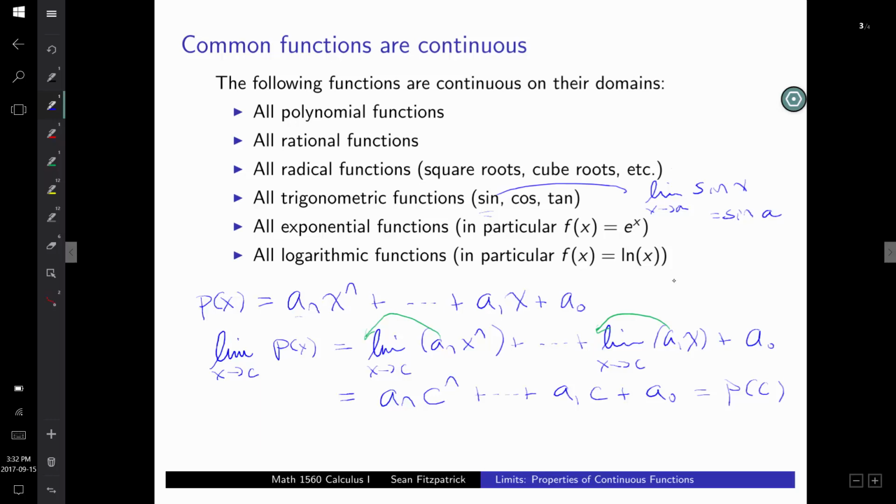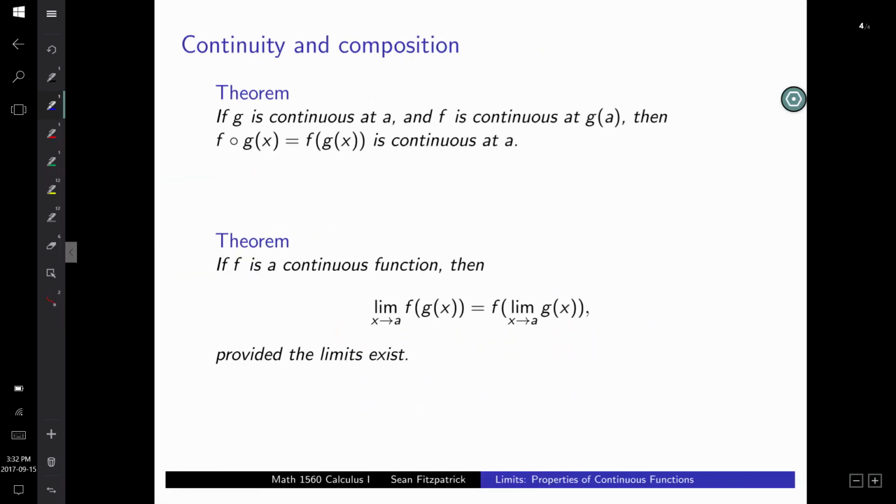A similar argument works for the cosine function, and then of course tan is sine over cos, so you can use the quotient property for limits to get that one. Exponential and logarithmic functions are also continuous, but we are not going to give a proof of that in this course.